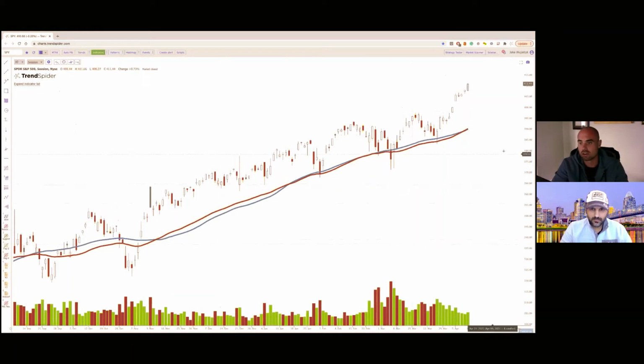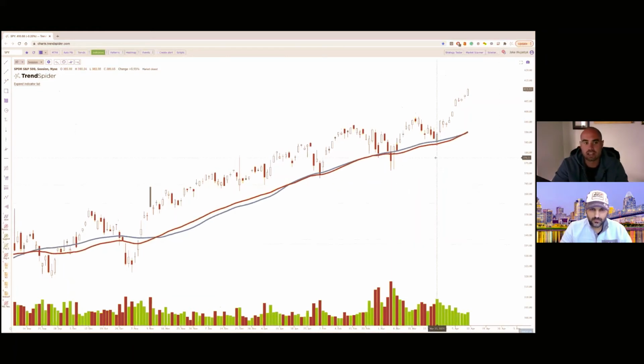So when you hear the SMA 50 or the EMA 50, that's looking back 50 periods. In this case, we're on the daily chart, so that's looking back 50 days. If you're looking at a 30-minute chart, you're looking back 50 30-minute time intervals, which is essentially 50 30-minute candles.